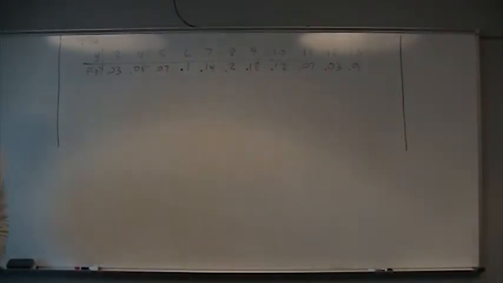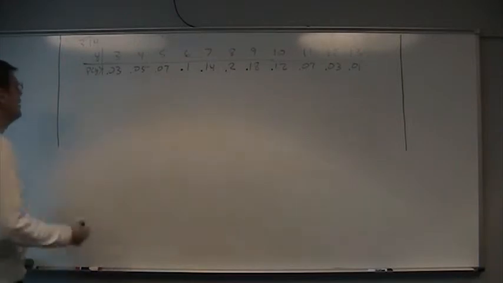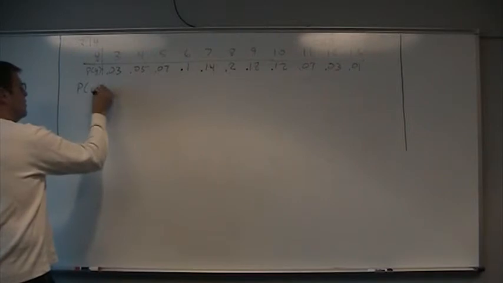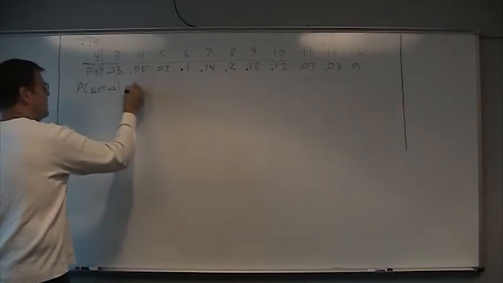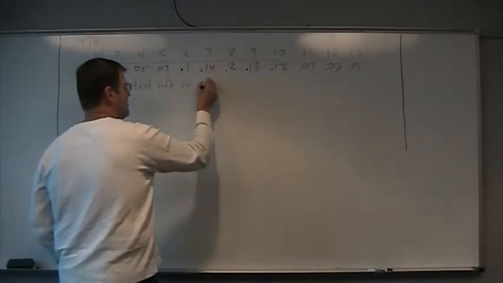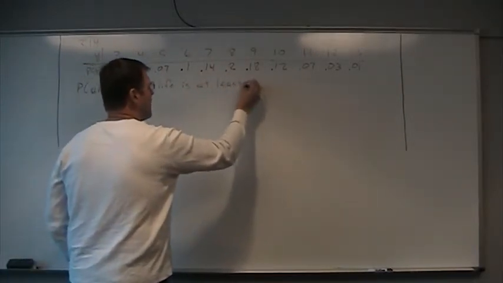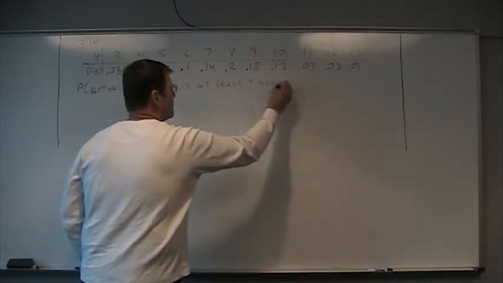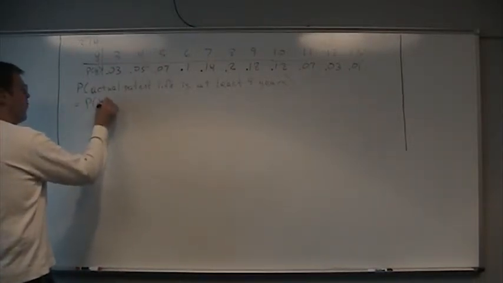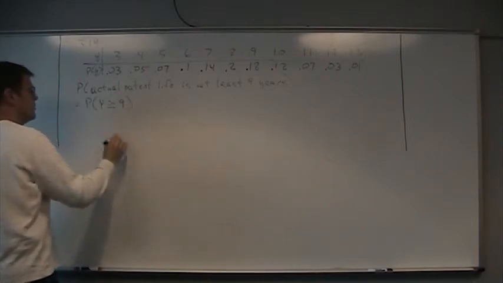So let's say that what we had here is the question, what's the probability that the actual patent life is at least 9 years? Effectively, what we're asking here is the question, what's the probability that y is greater than or equal to 9?